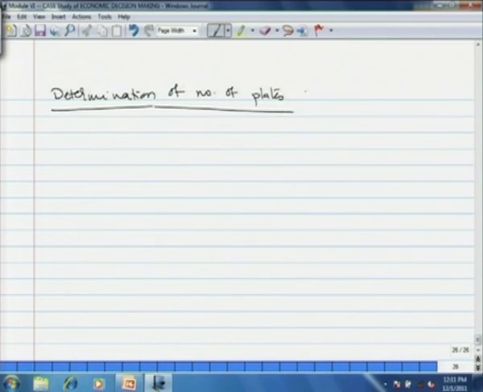Our attempt will be to simplify calculation. Can we simplify Kremser's equation so that we can very quickly get an estimate of the number of plates required for a particular recovery? I will write once again the complete equation.